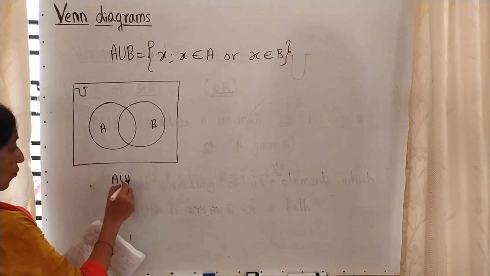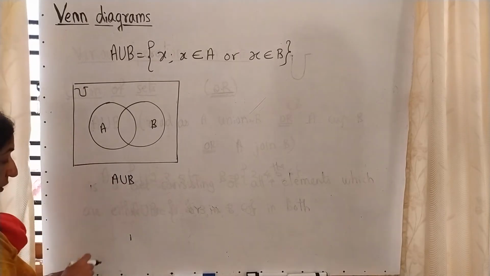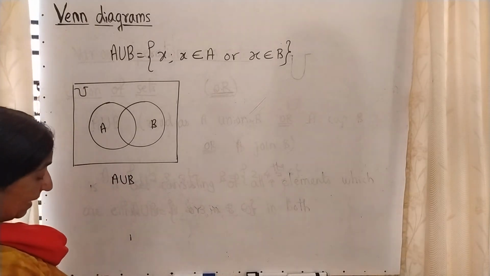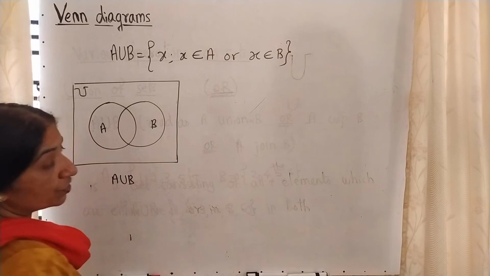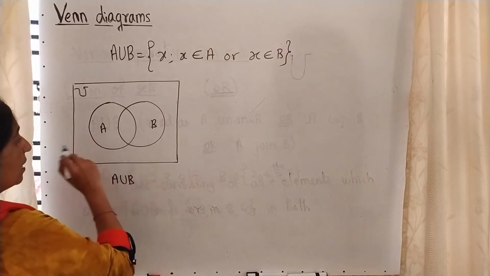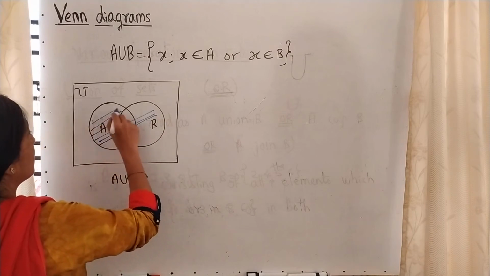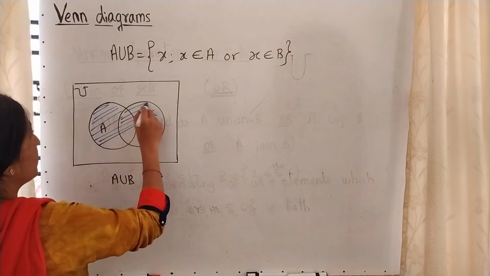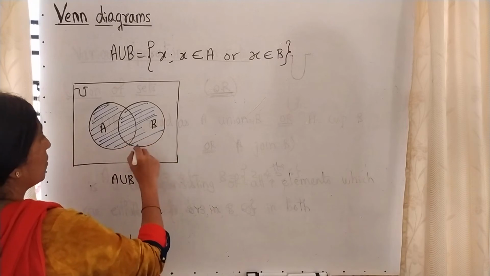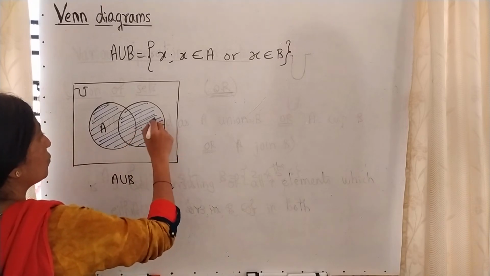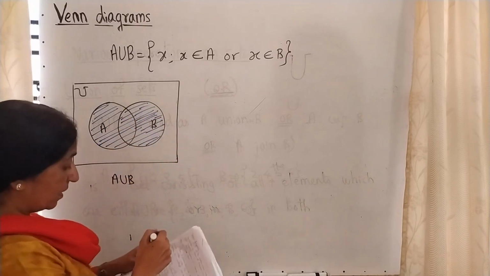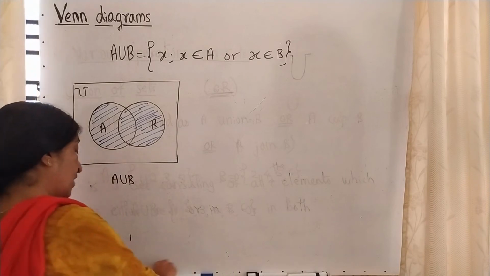It is A union B. In both the sets, if some elements are common, the figure is like this, and all of this, whatever I am marking, represents A union B: the elements belonging to A, the elements belonging to B, and the common elements also.